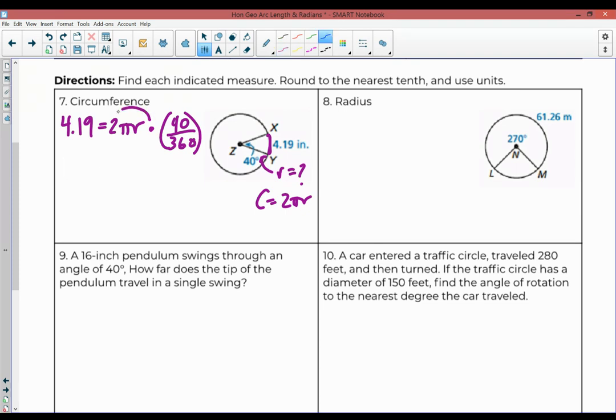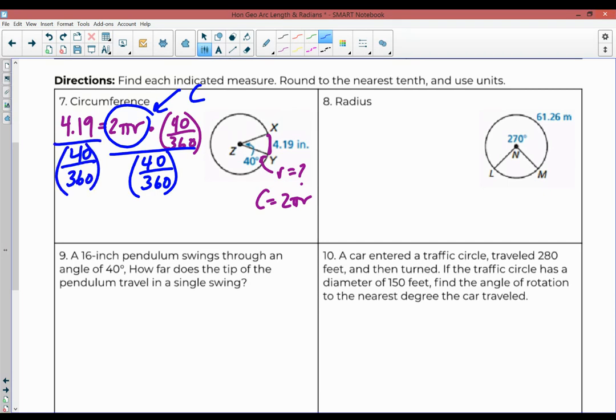Look, that's the circumference. So I just have to divide by 40 divided by 360.